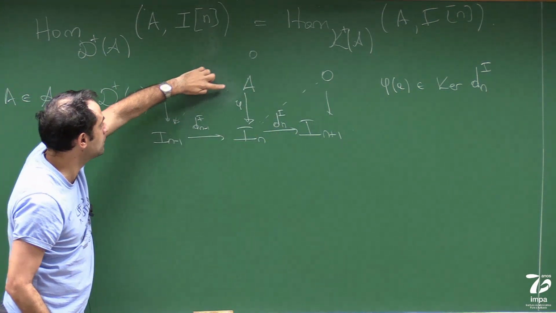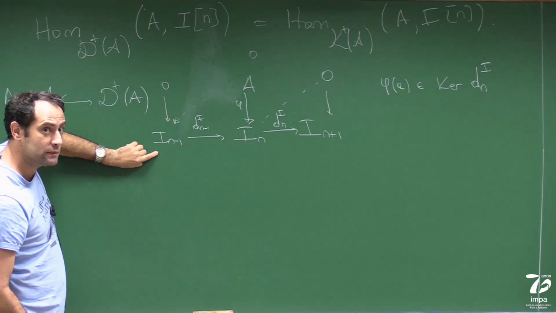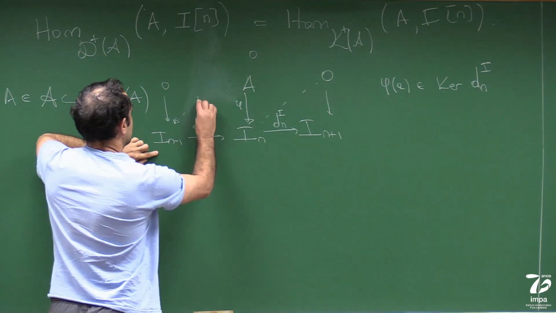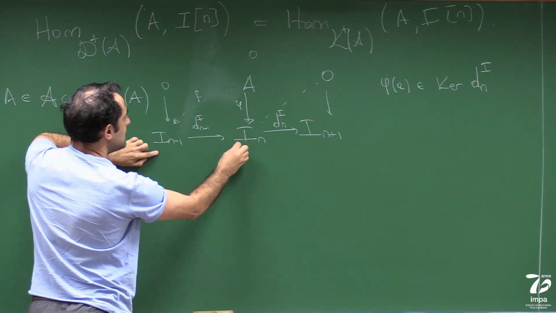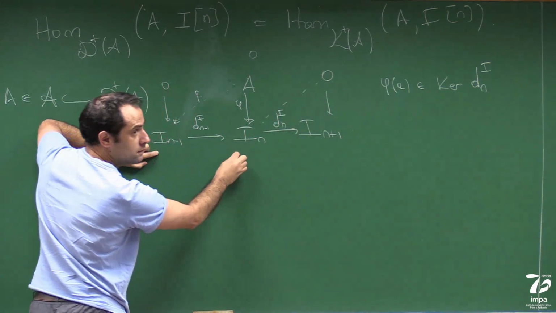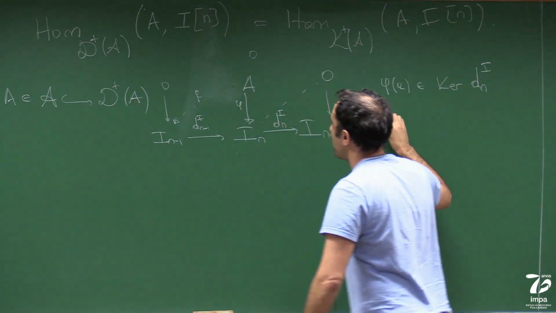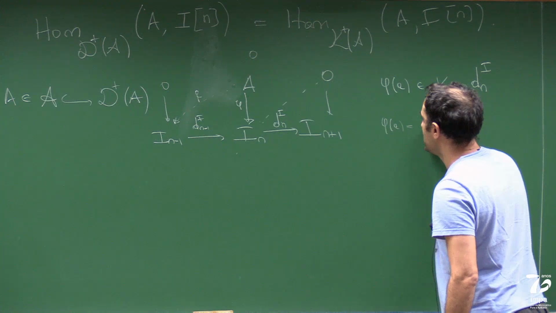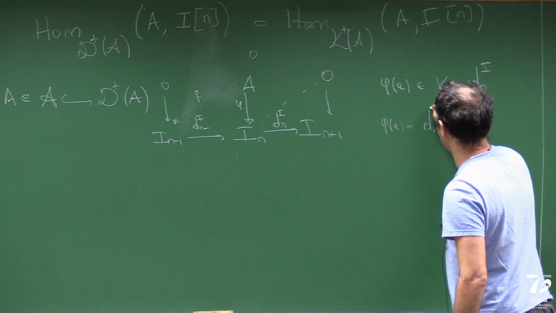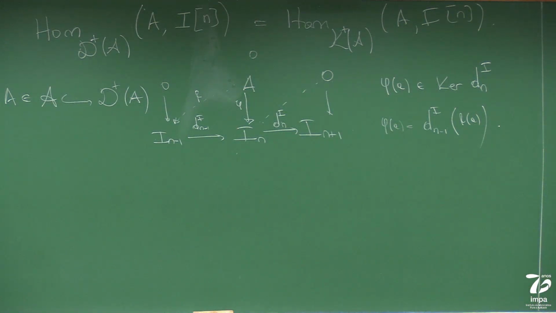The only possible homotopy is going to come by a map from A to I^(n-1), let me call this guy f, such that f composed with d plus 0 is equal to phi. So this guy is homotopically trivial whenever phi of A is equal to d^(n-1) on the complex I of f of A. In particular, it means that this phi is actually in the image.